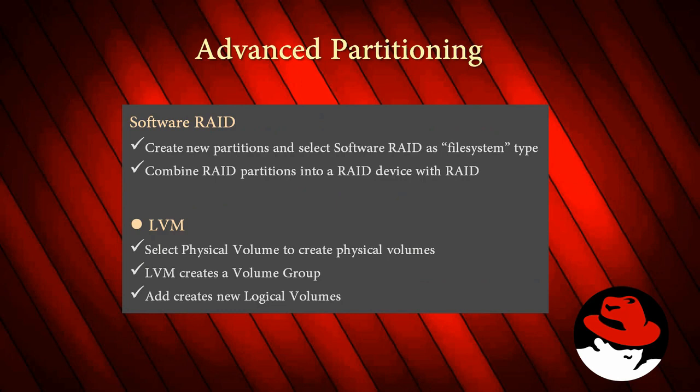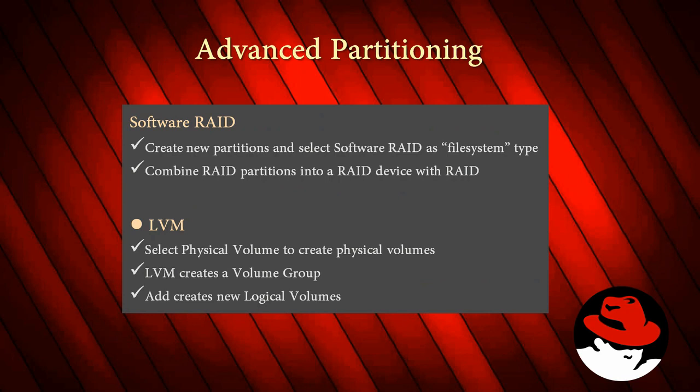Then there comes advanced partitionings. RAID is the software RAID or LVM could be advanced partitioning. The RAID allows you to create new partitions and select software RAID as a file system type. You have to combine RAID partitions into RAID devices with RAID. We have learned about RAID in the network sections. Then there comes LVM.